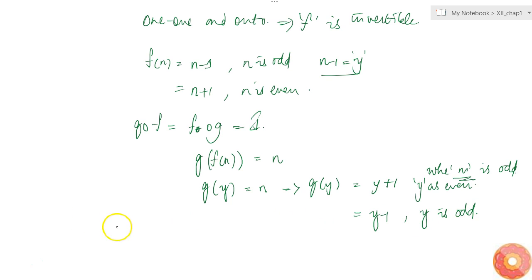So that means if you have y and g of y, you simply get, if it's 0, which is even, 0 plus 1. If it's 1, this is 1 minus 1, 0. If it's 2, then we get 3. If it's 3, we get 2.